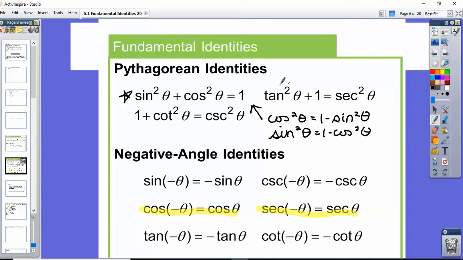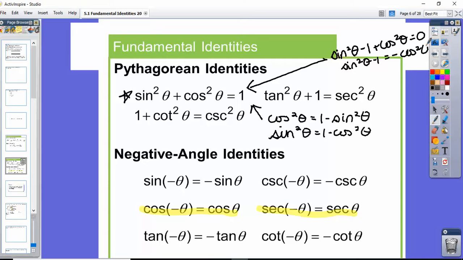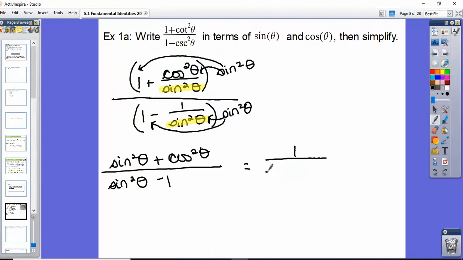But we could get it if I took this identity and I subtracted over my 1, and then I brought over my cosine squared. Sine squared theta minus 1 is equal to a negative cosine squared.